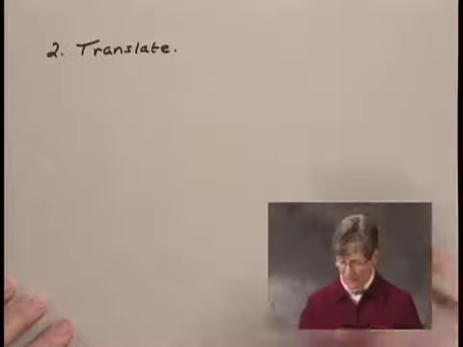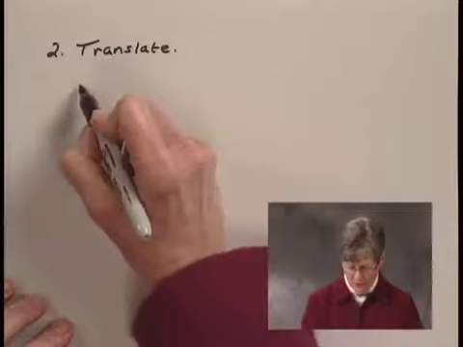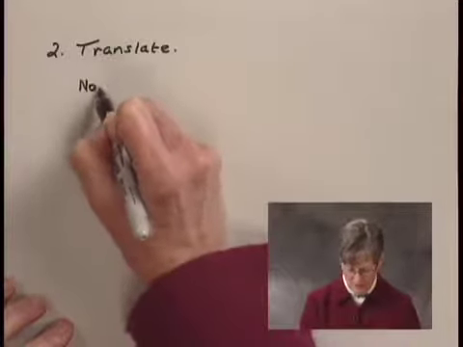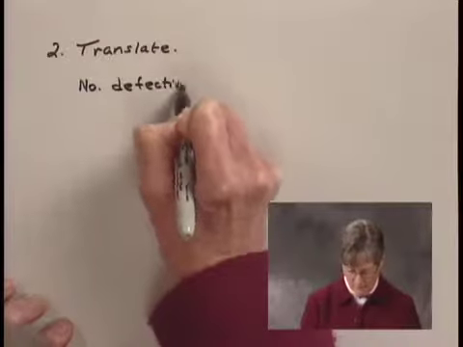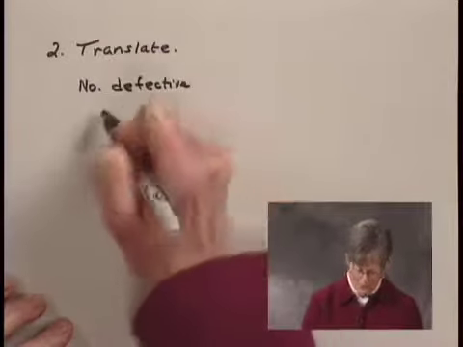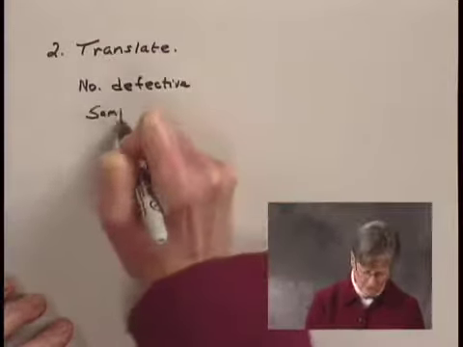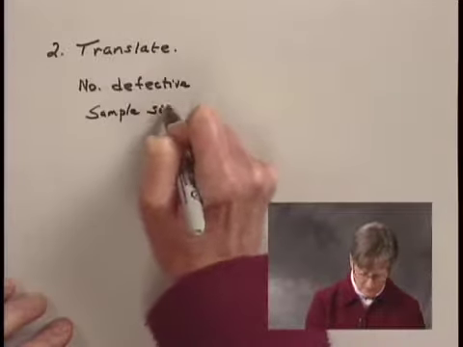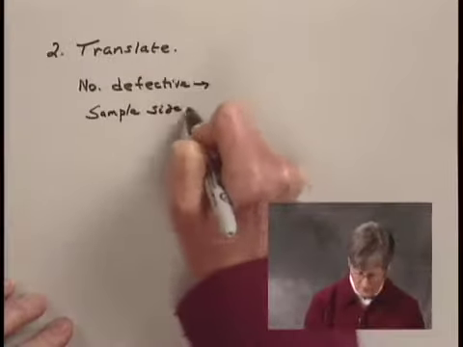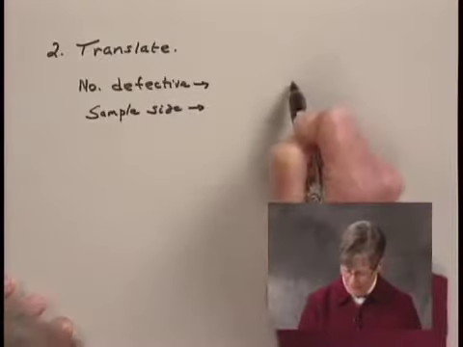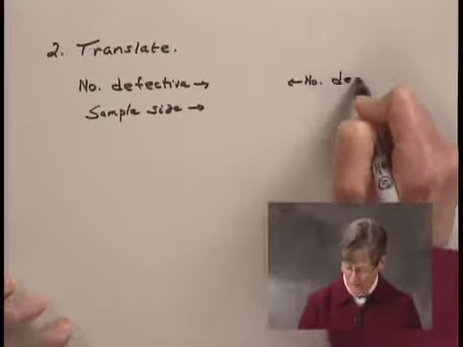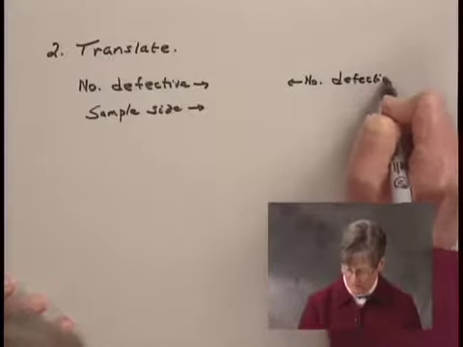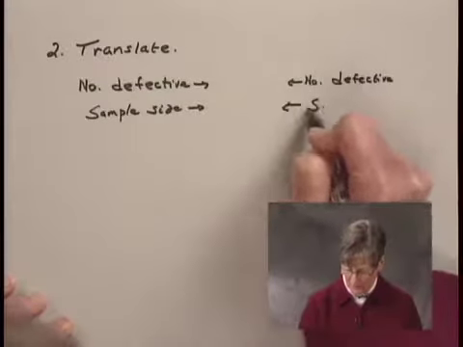We can write a proportion in which the numerators are the number of defective spark plugs, and the denominators are both the sample size. So I'm going to have one fraction here, and I'm going to have another fraction here with the same information in the numerator and the denominator.